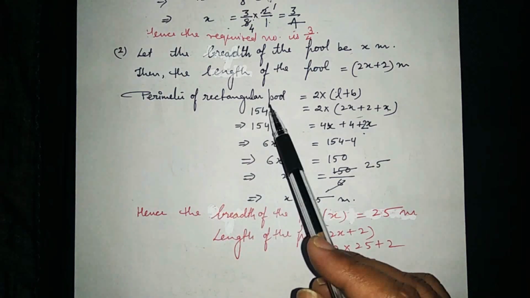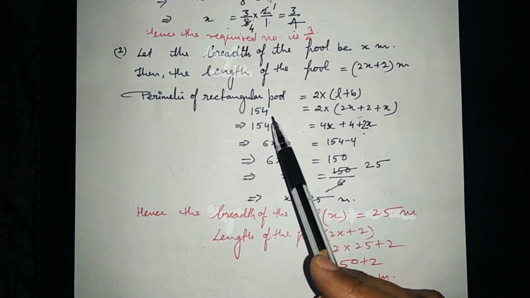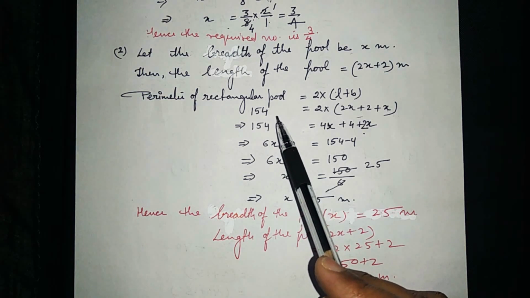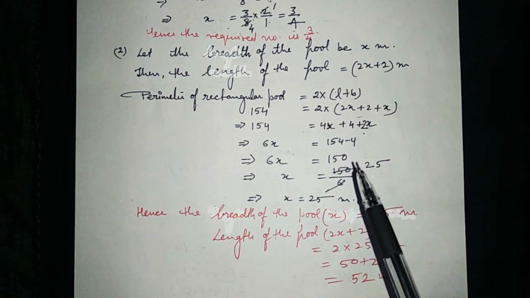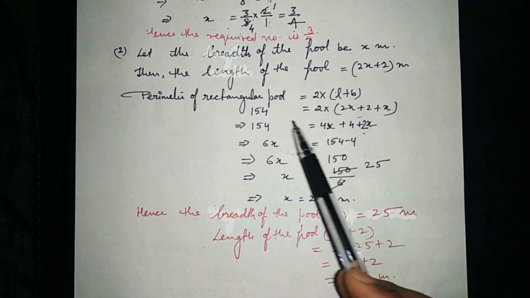And the perimeter of the rectangle is given as 154 meter. Now we can find out its length and breadth. To find out its length and breadth, what will we do now?